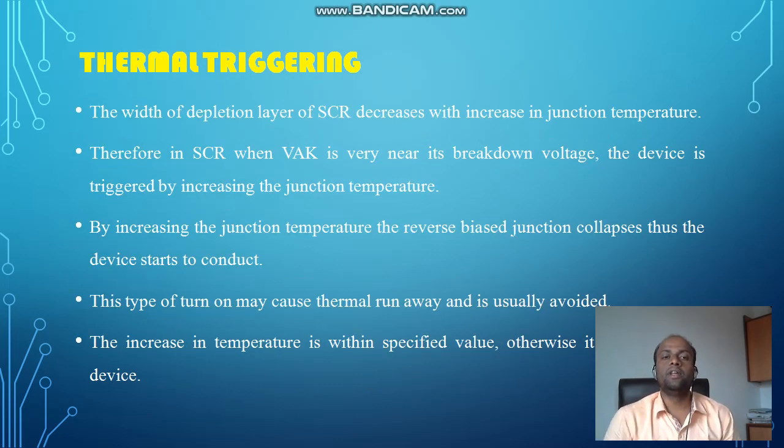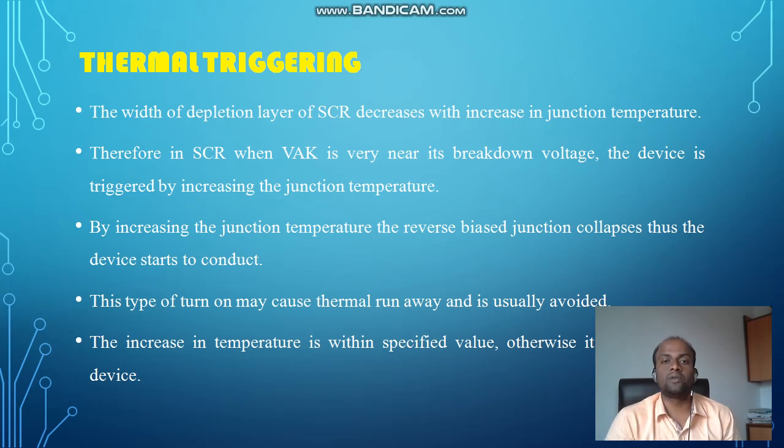Next, thermal triggering. What is thermal triggering? As I said, junction J1 is forward biased when anode is positive, junction J3 is forward biased, and junction J2 is reverse biased. Though junction J2 is reverse biased, there is some leakage current present in the device. That leakage current increases the temperature of junction J2.